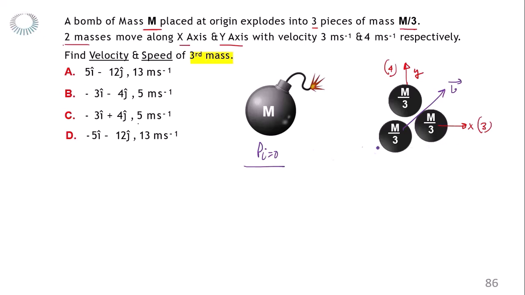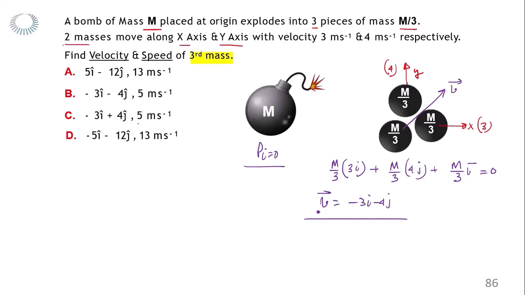The mass moving along x has momentum M by 3 into 3i, the mass moving along y has momentum M by 3 into 4j, and the third has momentum M by 3 into v vector. That number should be equal to 0. That means v vector should be equal to minus 3i minus 4j.